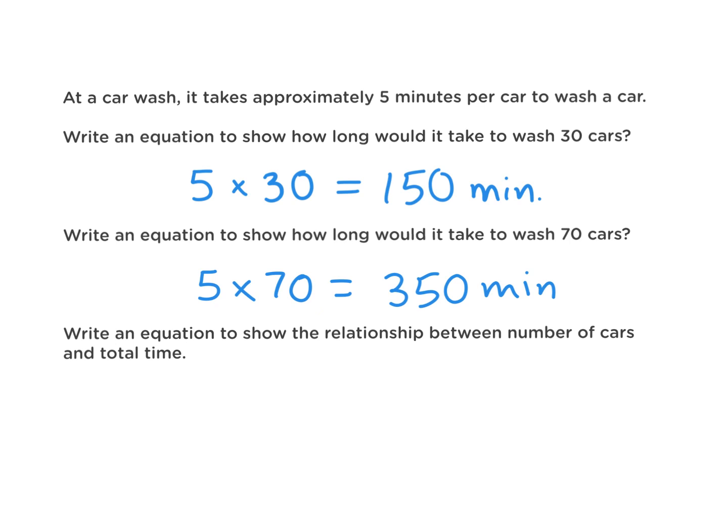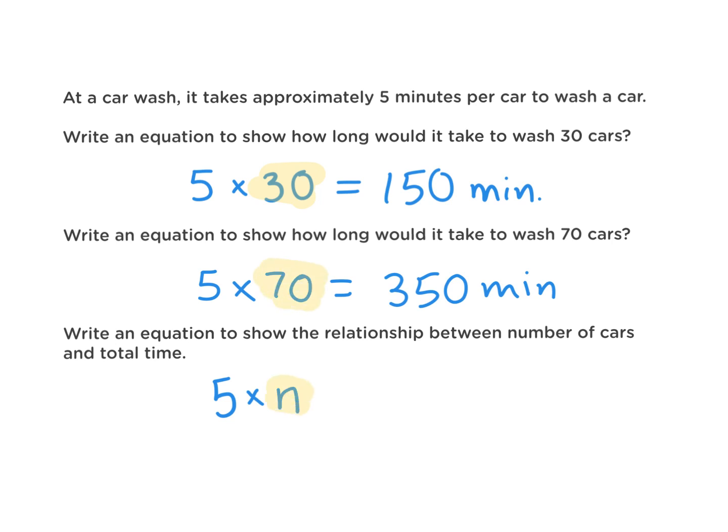So from these two examples, I can kind of see some things that are similar. In both cases, I'm multiplying the 5 by a different number. So when we think about the equation, we're going to think about generalizing. I'm going to say, if it's 5 for every car, I would do 5 times the number of cars, because that's what the 30 and the 70 represented.